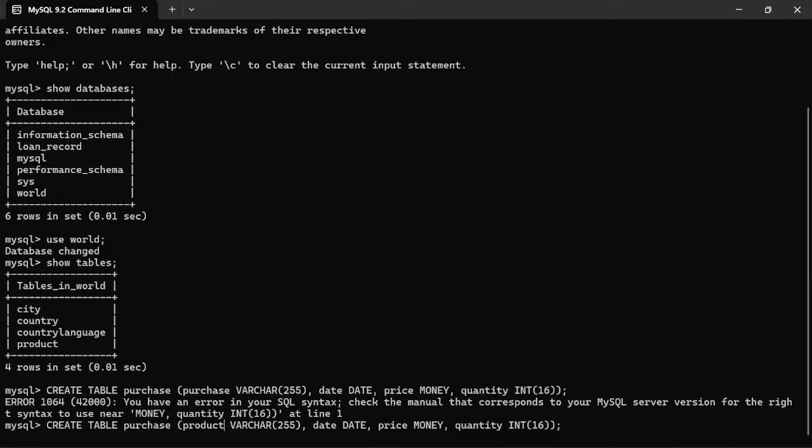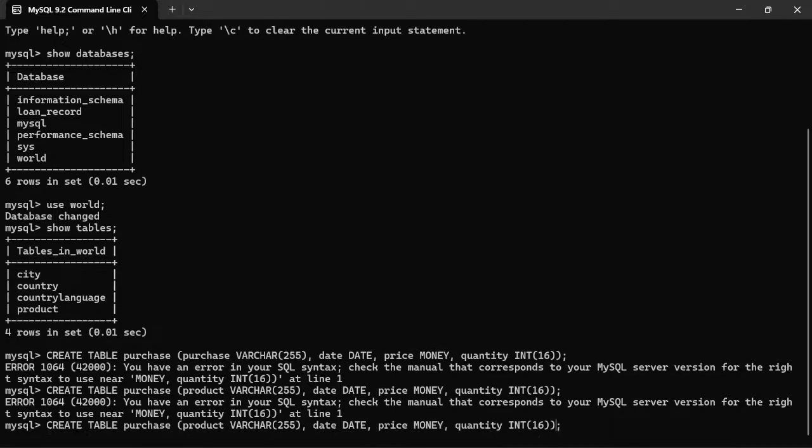This is making the complication maybe, but it is written here near money, the problem. I think this version of SQL doesn't follow the money data type, maybe, or should I have to mention the date? That's really interesting.